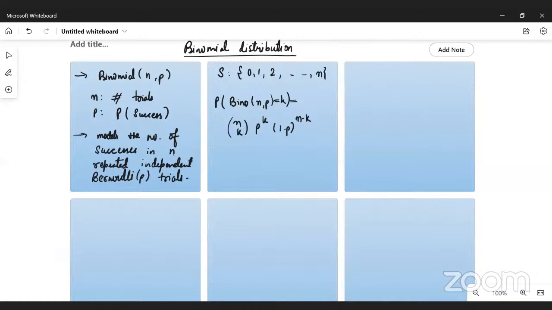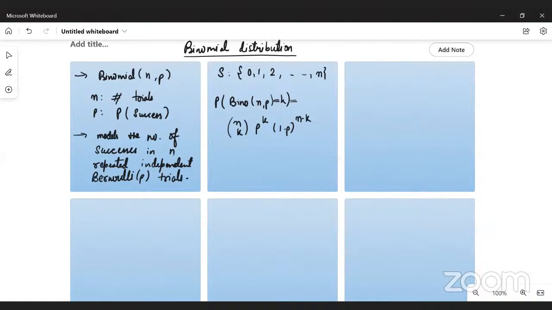And when we do the number of trials more than once or twice, then it is converted into binomial distribution. Okay, so you're asking if it is just one trial, we are saying it is Bernoulli, and if it is more than one trial, we are saying it is binomial. Is it your doubt? Yes.